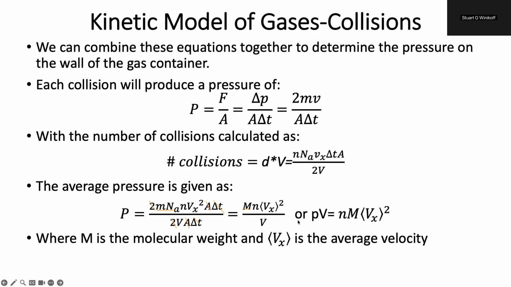Now, when we look at this, we have something quite pretty pop up. We have pressure times volume equals something times moles times something else. So this is already starting to look a little bit like the ideal gas law.